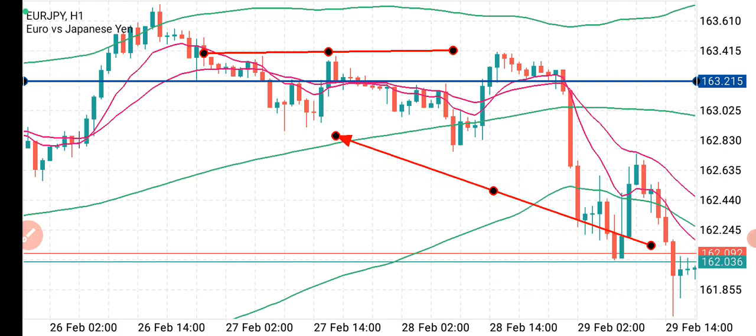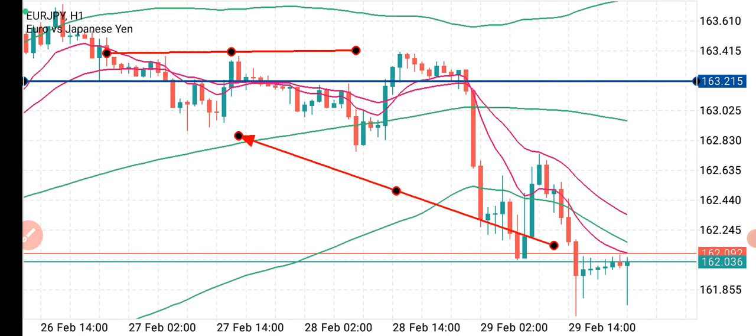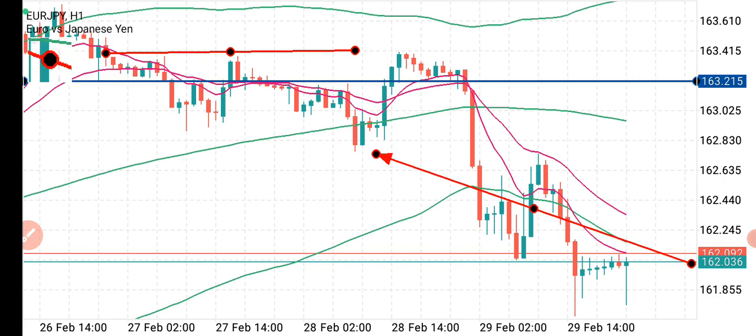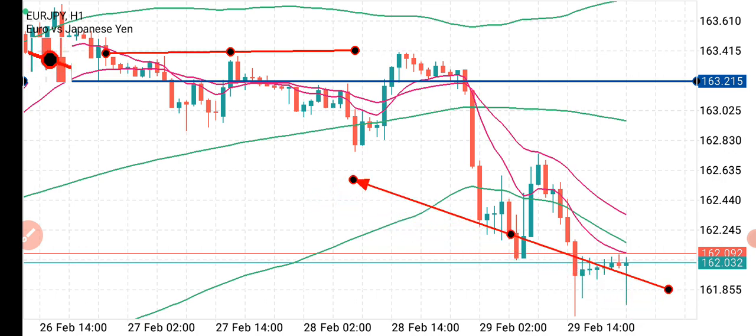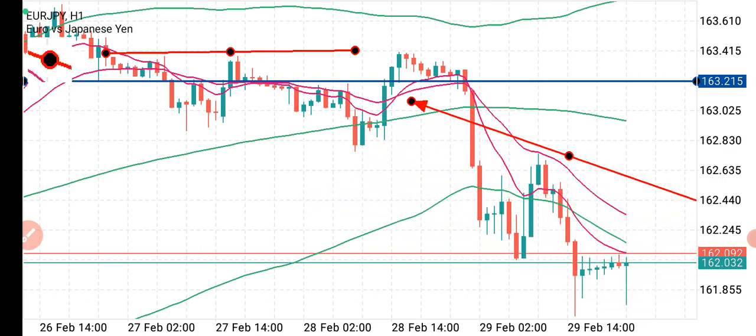Then number two, you can also get an engulfing candlestick, which is also what we have here.